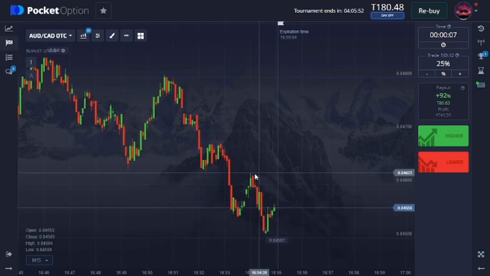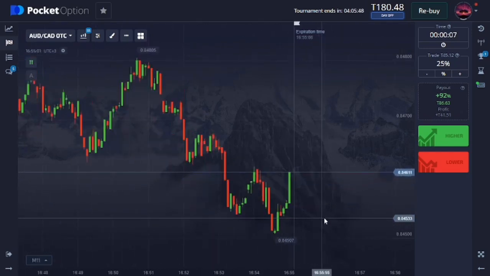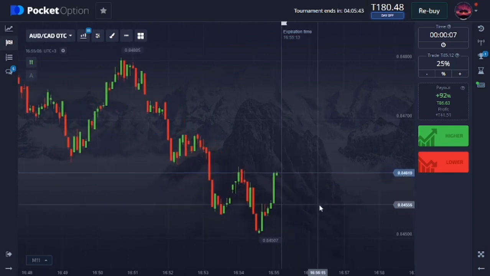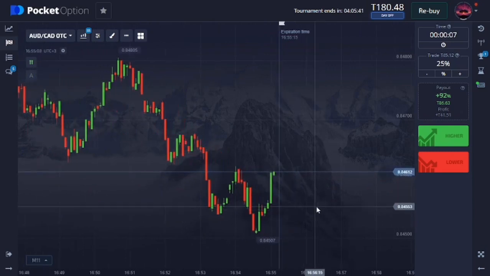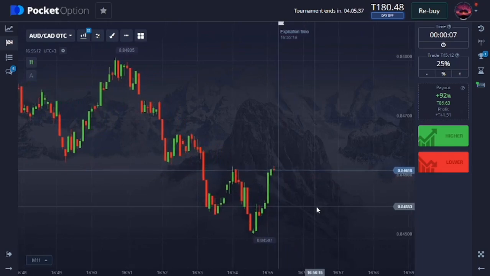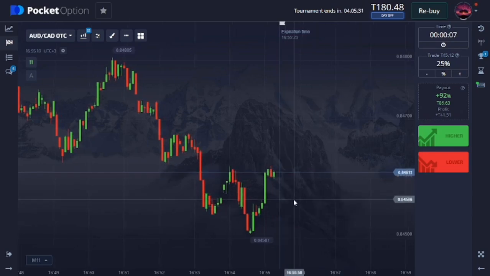Maybe we are aiming for this swing low. If that is the case, then yeah, it is the case. Perfect, it's done. It has been achieved.